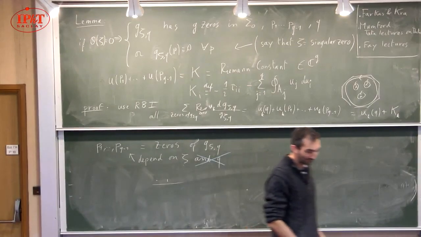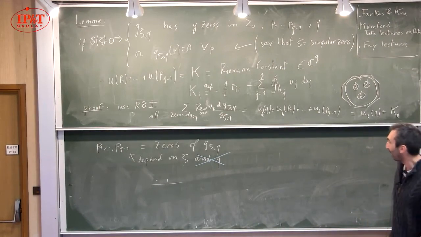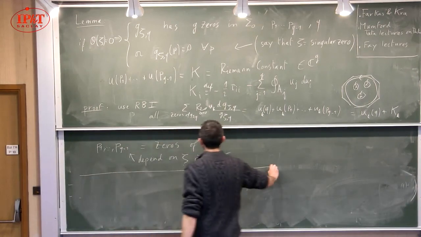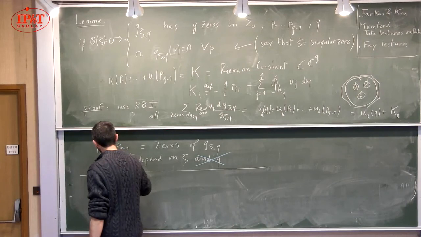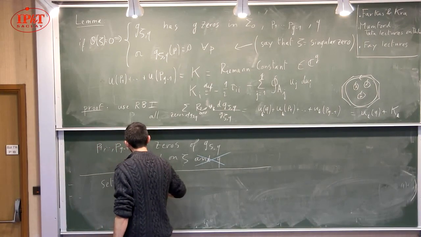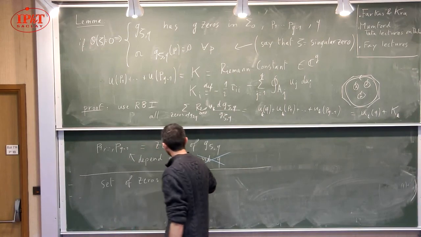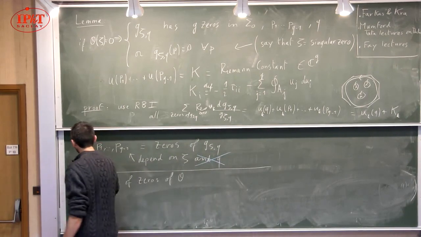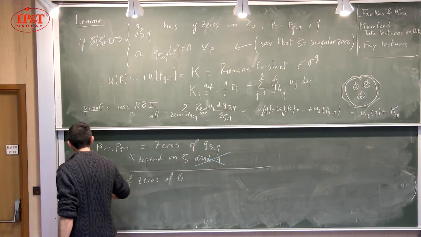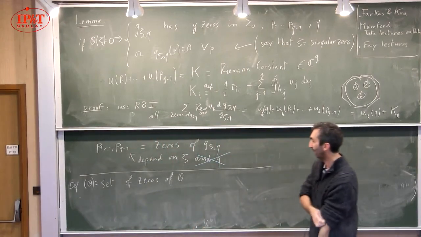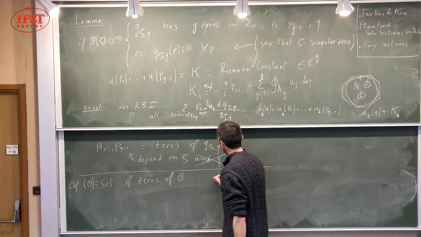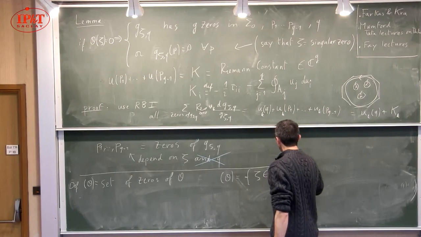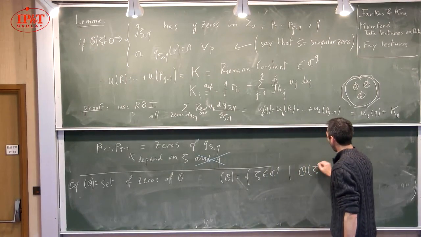Well, I do it in the notes in detail, but this is more or less based on the fact that the set of zeros of theta, which we shall call Theta, is the set of zeta belonging to C^g such that theta of zeta equals 0.